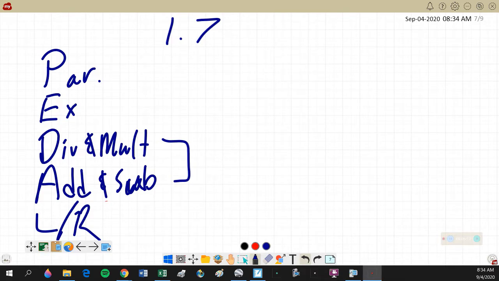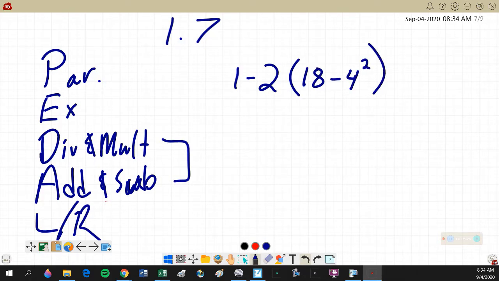Okay. Well, what about 1 minus 2 times the quantity 18 minus 4 squared? What is operation number 1? 4 squared. So we have a set of parentheses. We look in there first. We perform all of PEDAL inside that set of parentheses, and then we move outside.